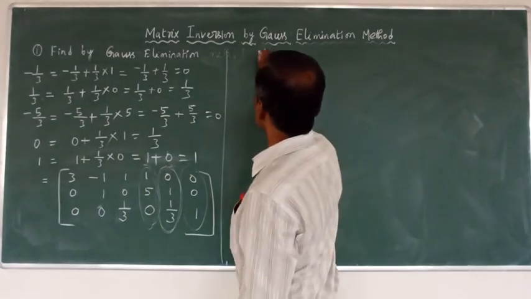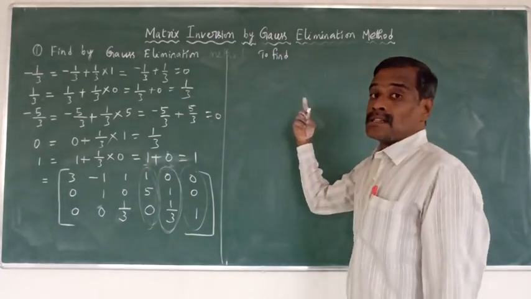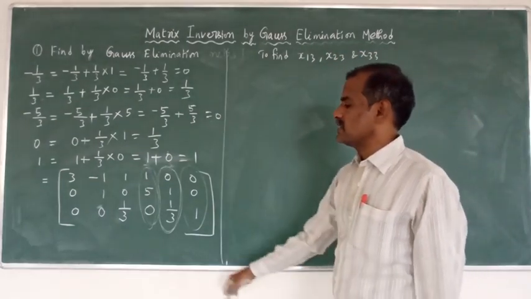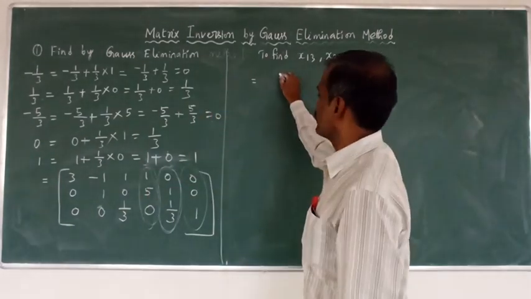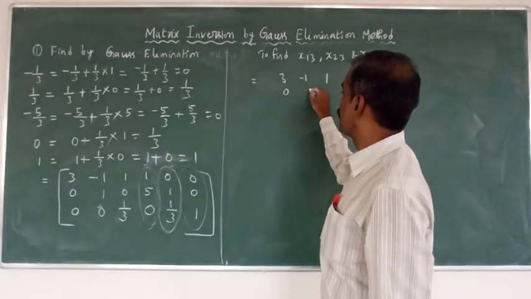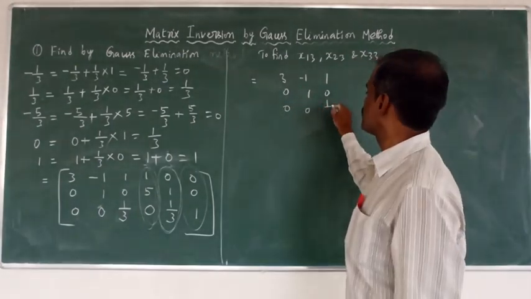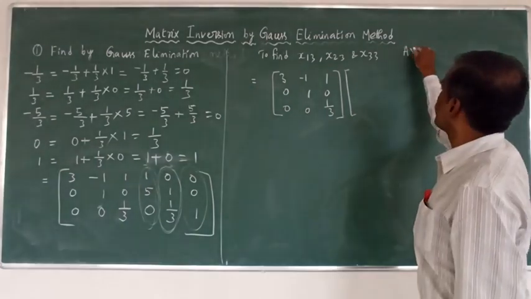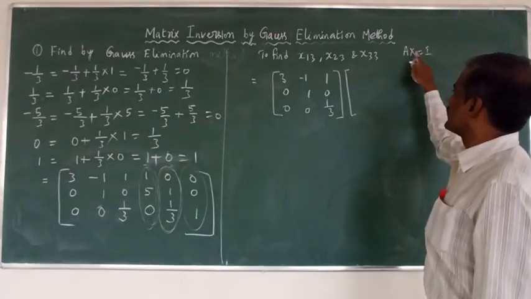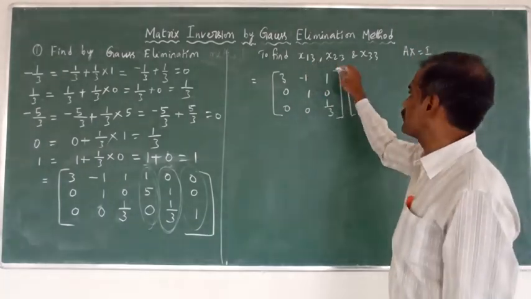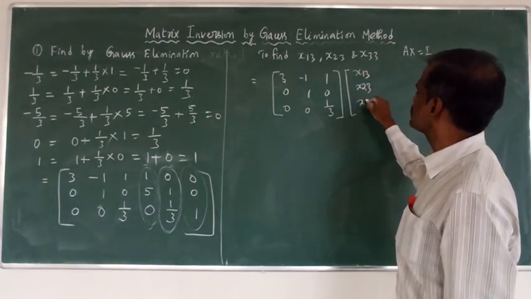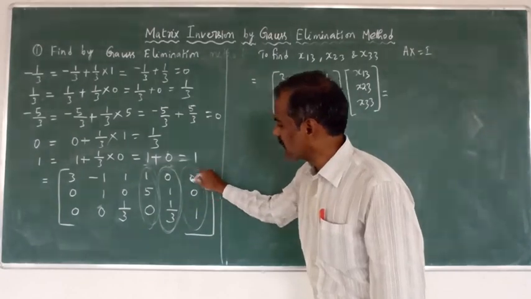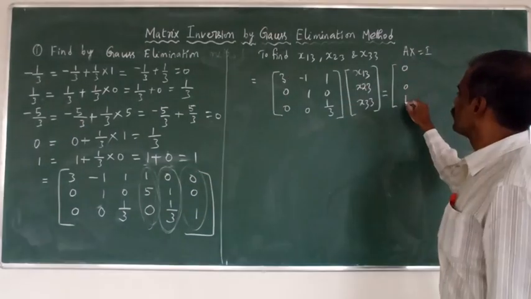Next, to find x third column, x13, x23 and x33, for that A is 3, minus 1, 1; 0, 1, 0; 0, 0, 1 by 3. The formula is Ax equal to I. A value is this, and for x we take the third column: x13, x23, x33 equal to the I third column value, which is 0, 0, 1.